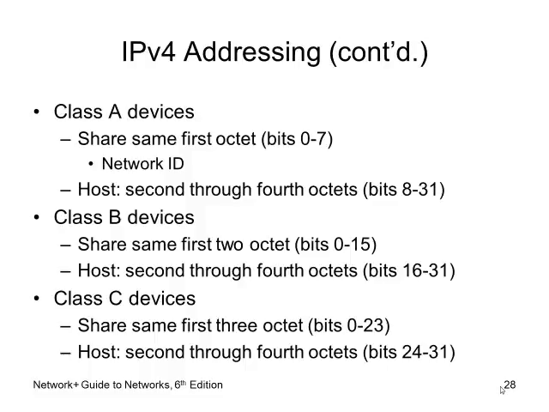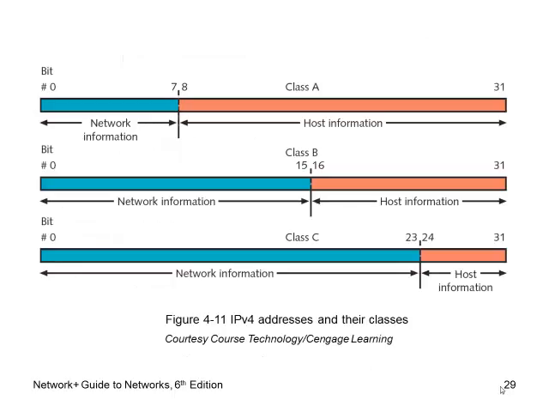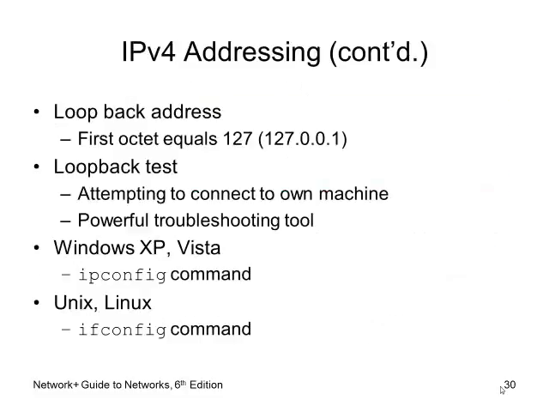We will get into all this in great detail when we get into that area, but this chapter doesn't cover it enough. Okay? So what we're basically saying is out of the entire 32 bits of available space on IPv4, with A, the first part's the network, then the rest is the host. B, and then C. Okay? Pretty much how it works. Okay? You have a loopback address, 127.0.0.1. That's you.